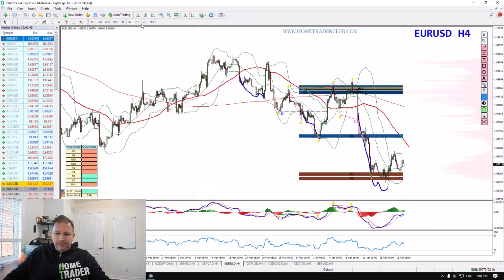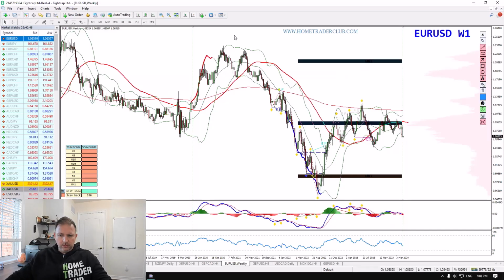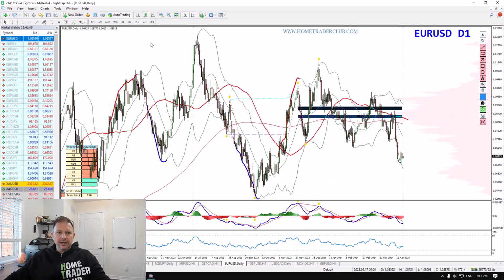Now, as with the pound dollar, same with the euro, I want to remind you the whole idea here. We are expecting the euro to complete the ABCD correction or the range, exactly like in the case of the pound dollar, before any further direction would be completed.